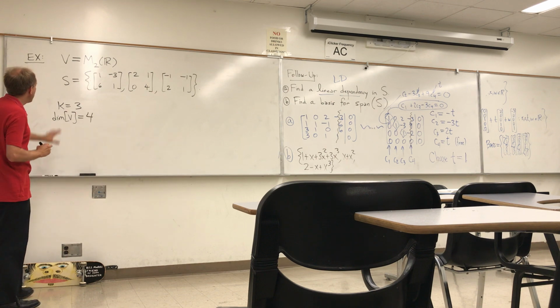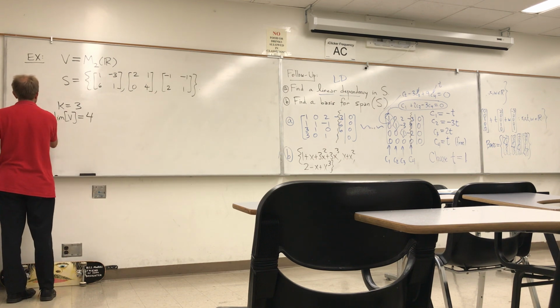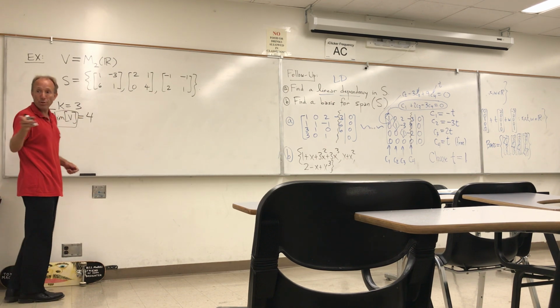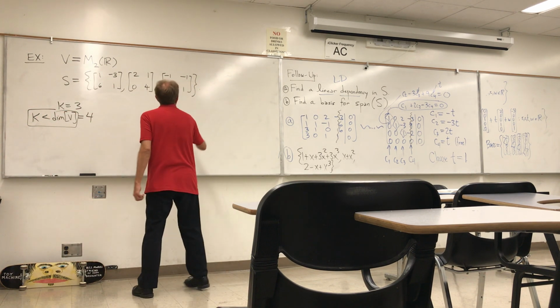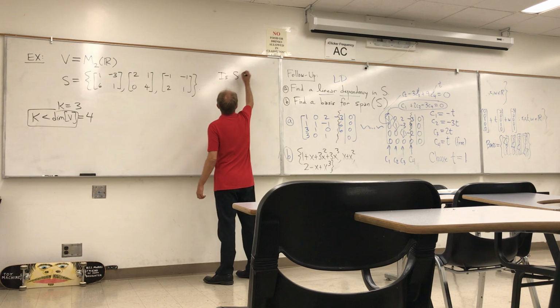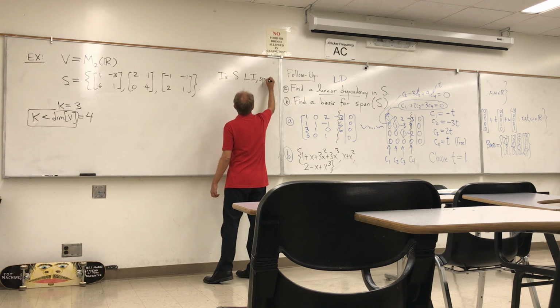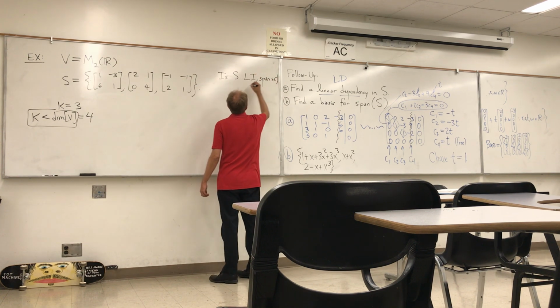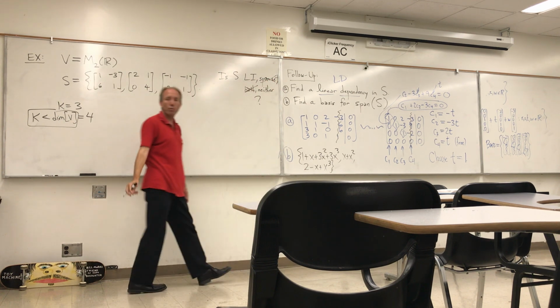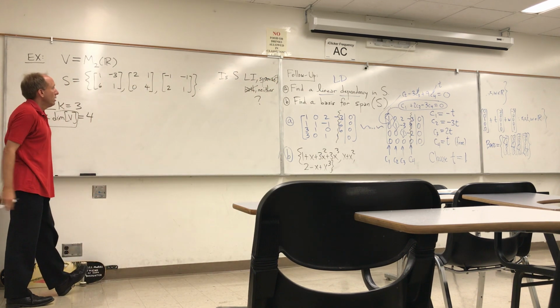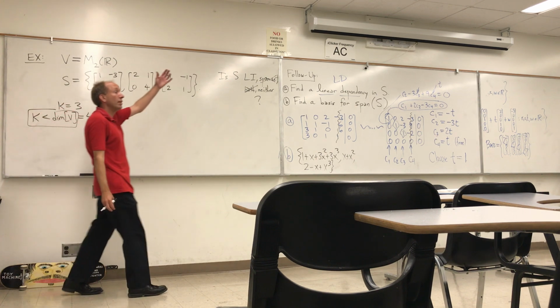So K is less than that, which means that S does not span V. So is S LI, a spanning set, both, or neither? What we know right now is that it's not a spanning set and therefore not both. The only question is, are these vectors LI?